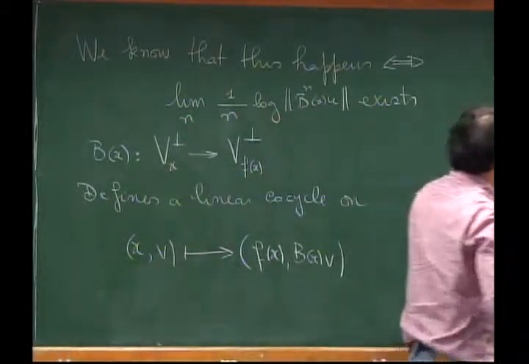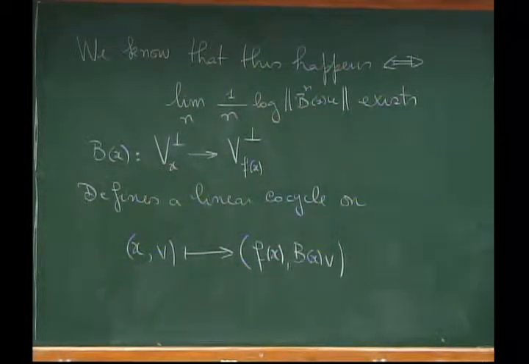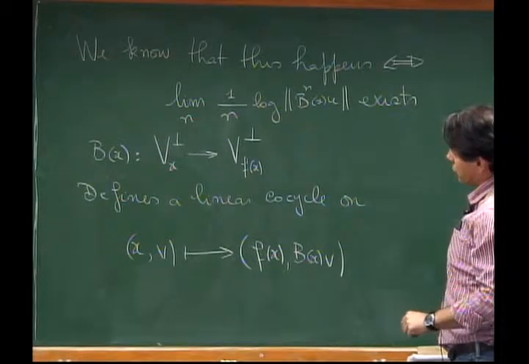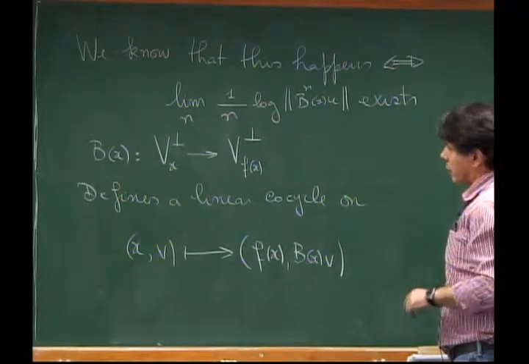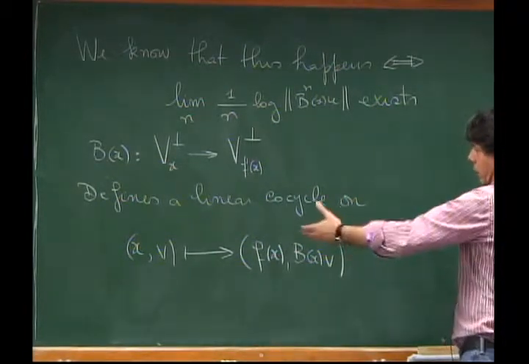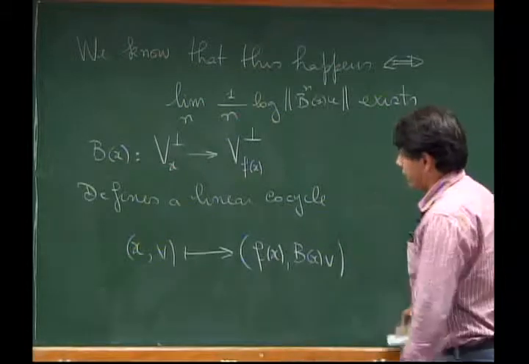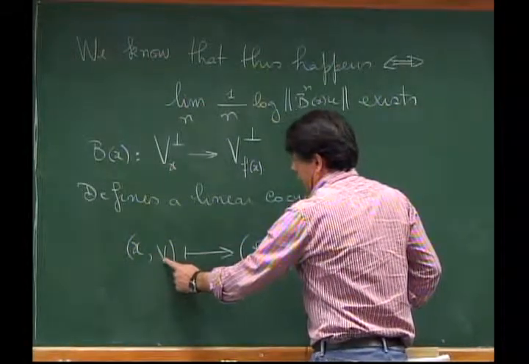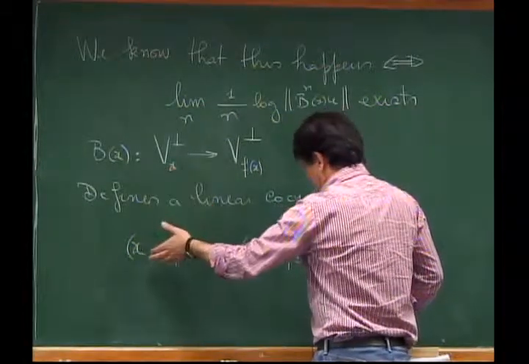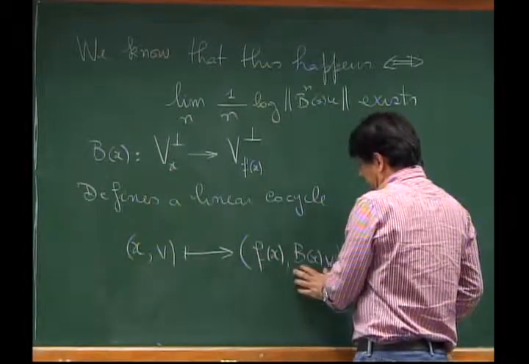It's not the restriction, because B is not a restriction, but it defines a linear cocycle like this, where you take x and the vector v in Vx orthogonal, and you map it to f of x, B_x of v.